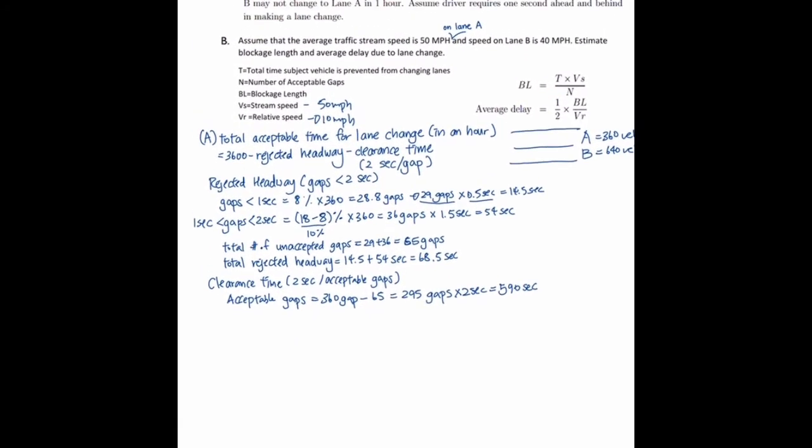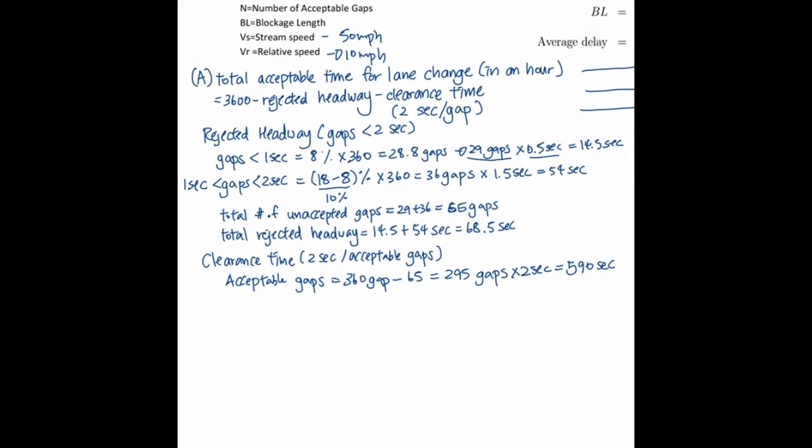So we have rejected headway and clearance time. Now we're going to calculate the total acceptable time.